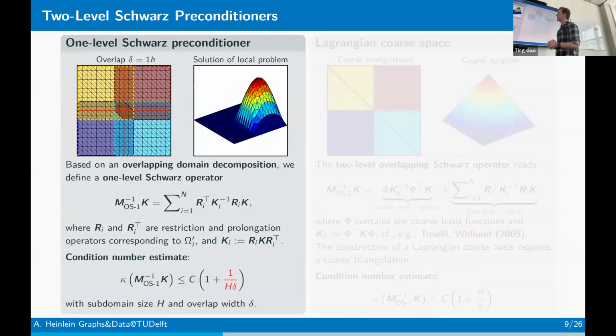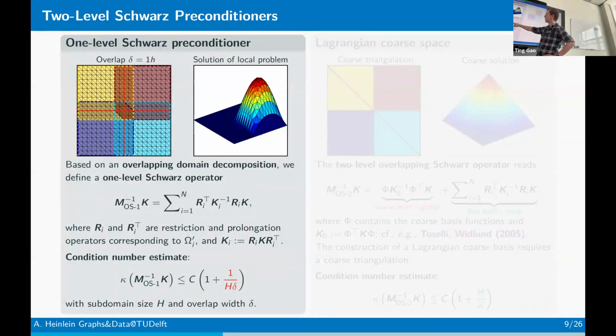So what I will be doing is split up my domain into overlapping subdomains. This is a very complicated 2D problem now, instead of just 1D as before. So I decompose it first in a non-overlapping way, and then I add some layers of overlap, so I get an overlapping decomposition. And now, here's a little bit of math.